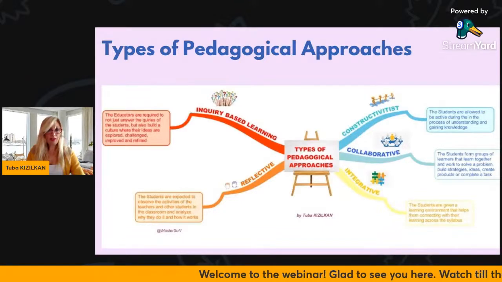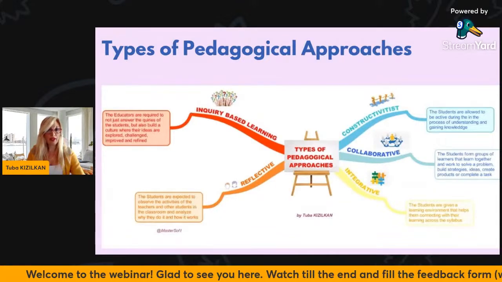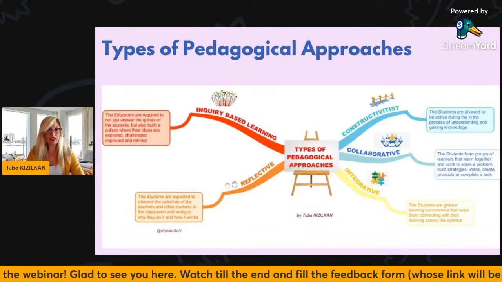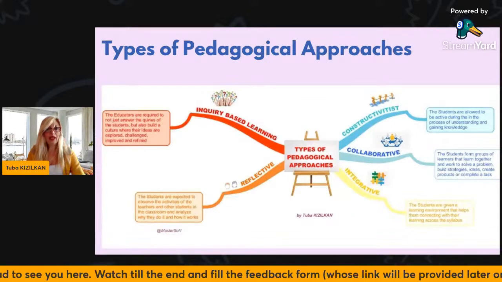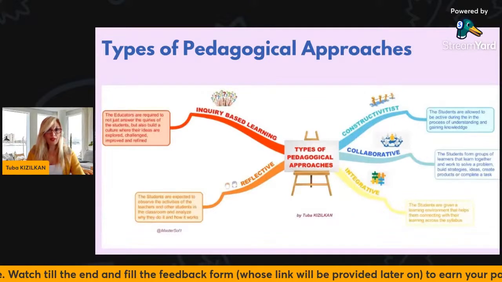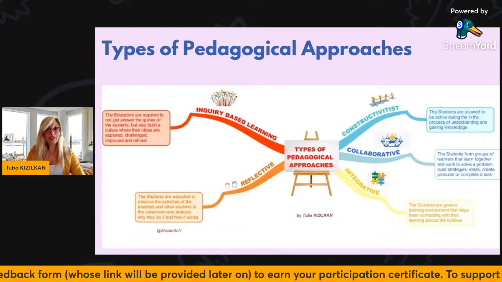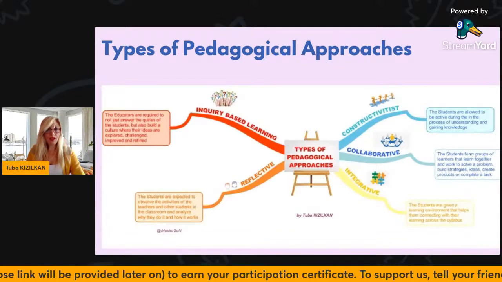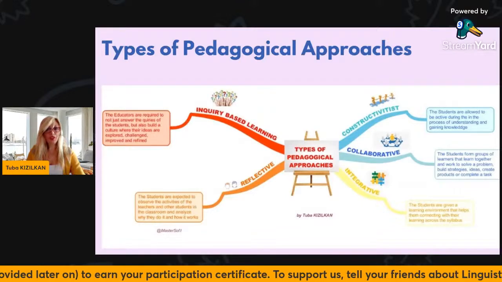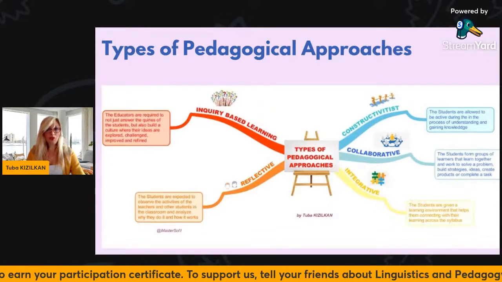Also, we have the reflective one. The students are expected to observe the activities of the teachers and other students in the classroom and analyze why they do it and how it works. So they're kind of acting reflective, and they have the opportunity to analyze and observe each other.